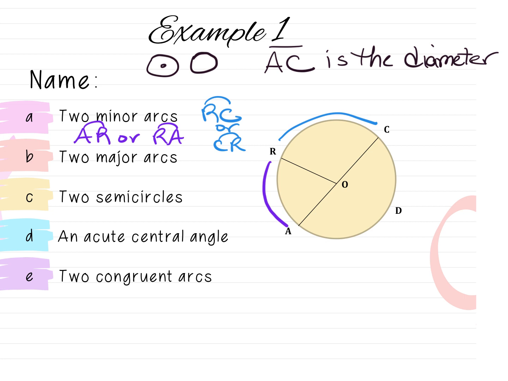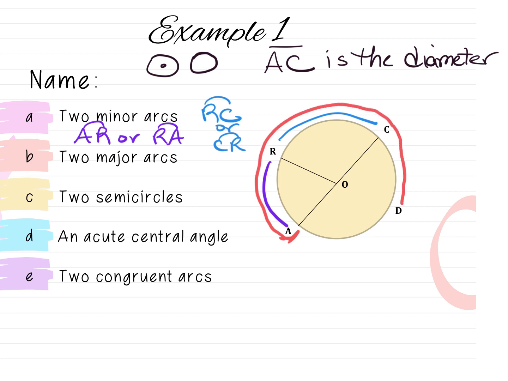For the major arc, we're going to name it with 3 letters. So remember, we need to pick a starting point and we need to go in order, and it needs to be more than half of the circle. So let's say I want to start at A, right here. So I could go around A to R to C. This is half of the circle.